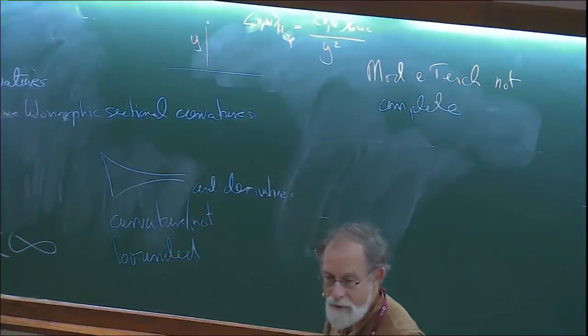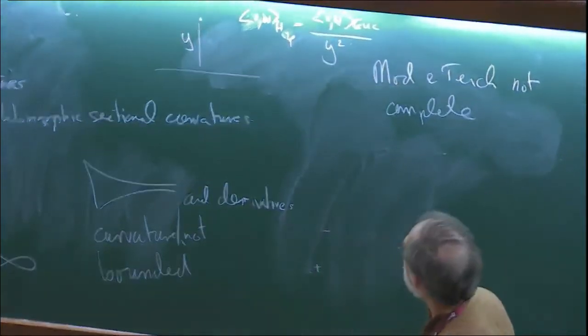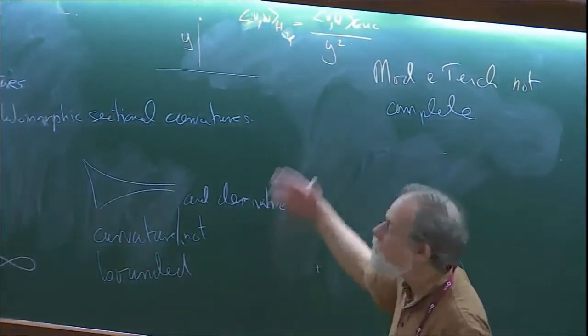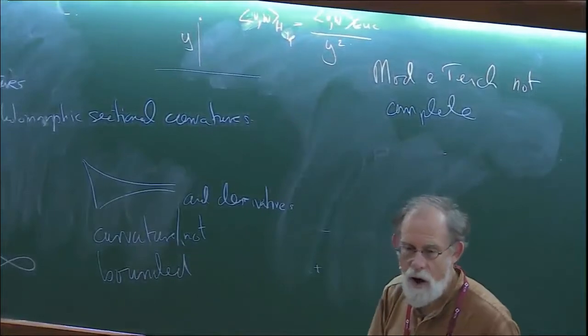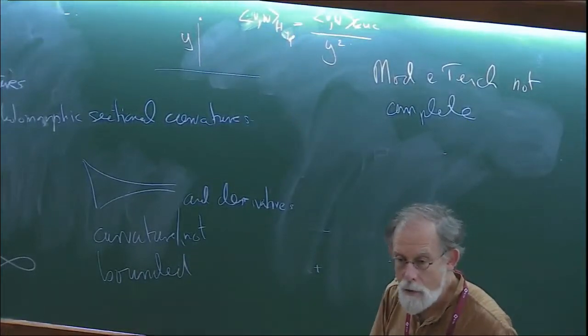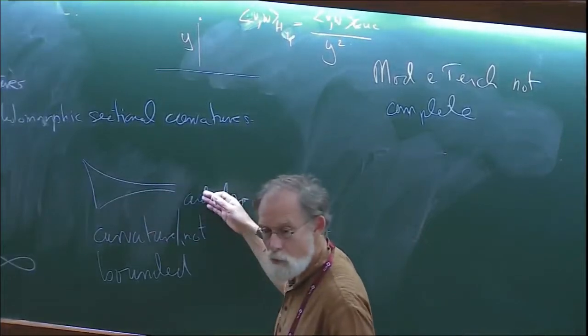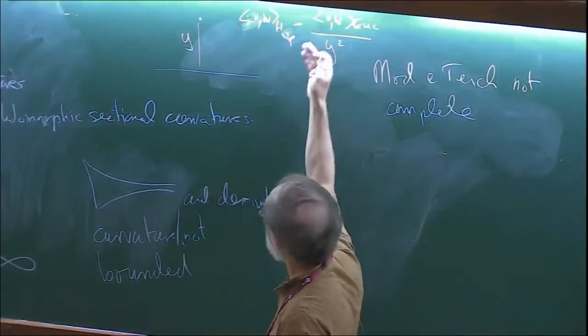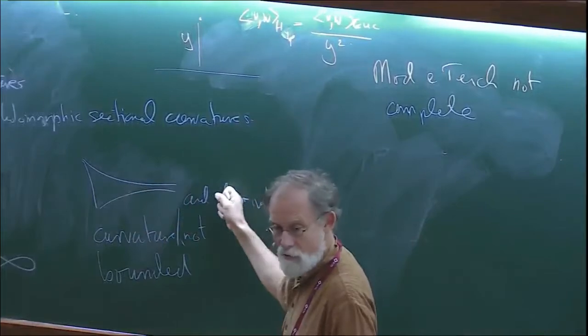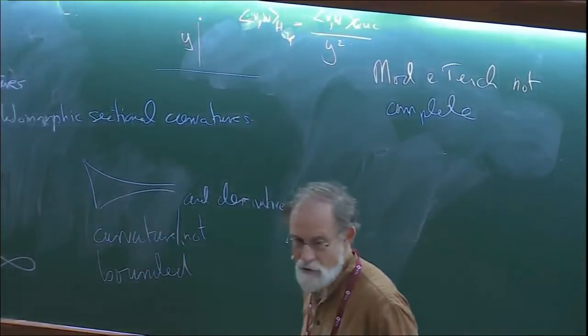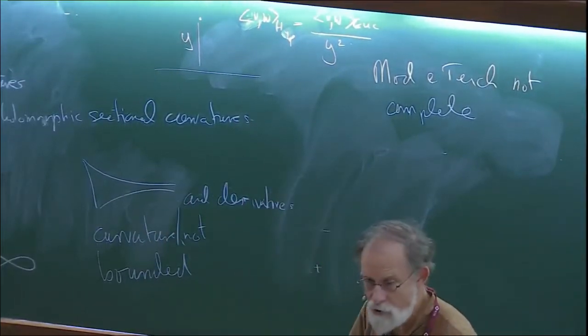For the Weil Petersson metric, you should think of changing y squared to y cubed. And this cusp is not exactly like that geometry, but it's asymptotic to it. The closer you get to the end of the cusp, the closer you are to that geometry.